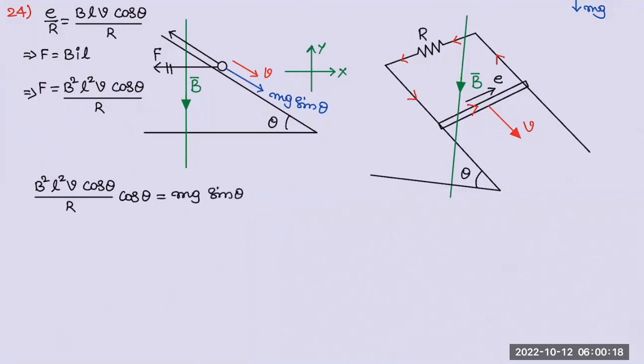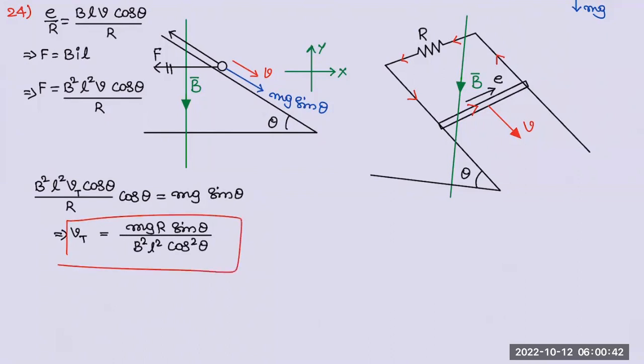This is the terminal velocity condition I'm telling you. So I'll write the equation directly: F cos theta, copying this F, must be equal to mg sin theta. This velocity is the terminal velocity, so let us call it Vt. So Vt is equal to mgR sin theta by B square L square cos square theta.